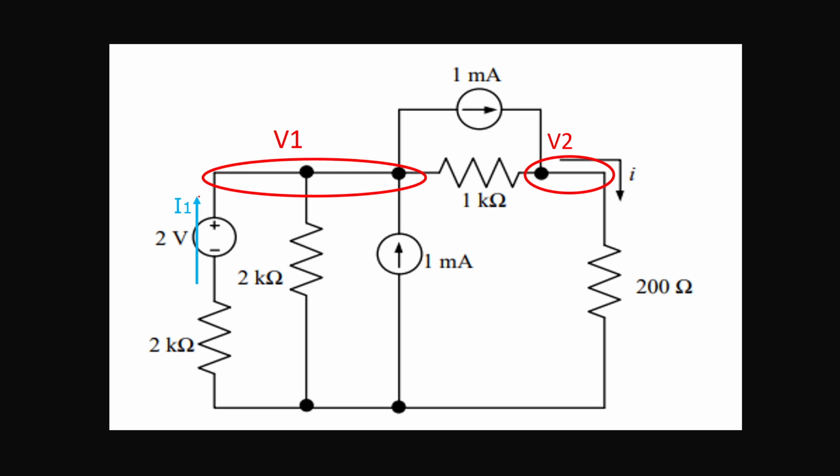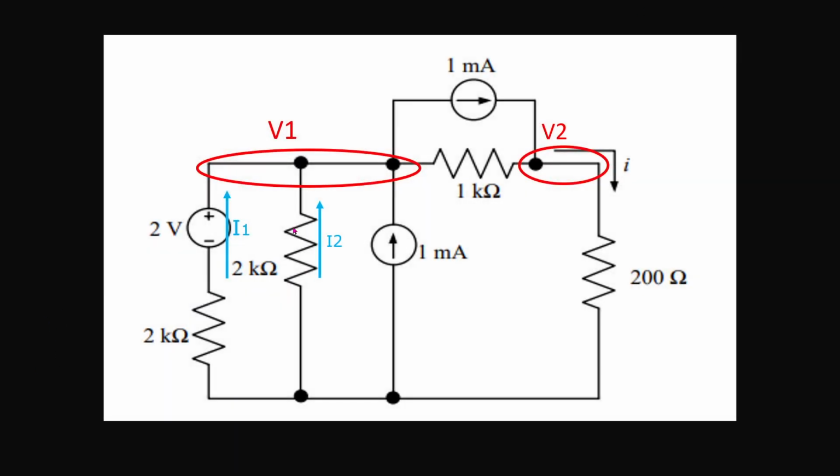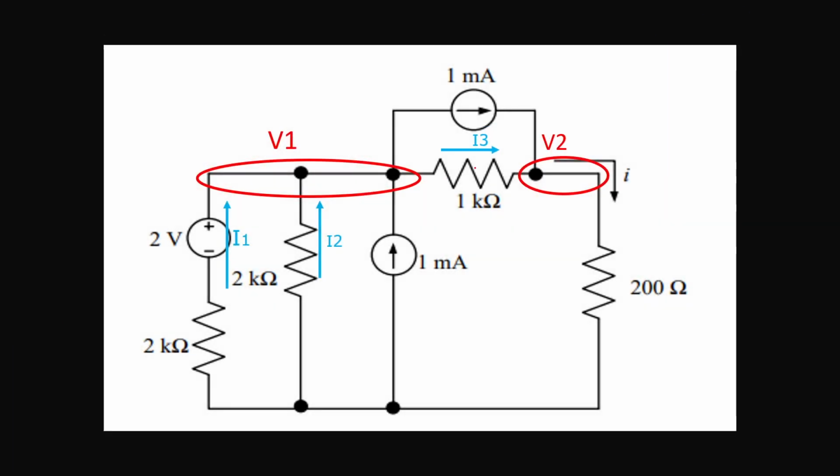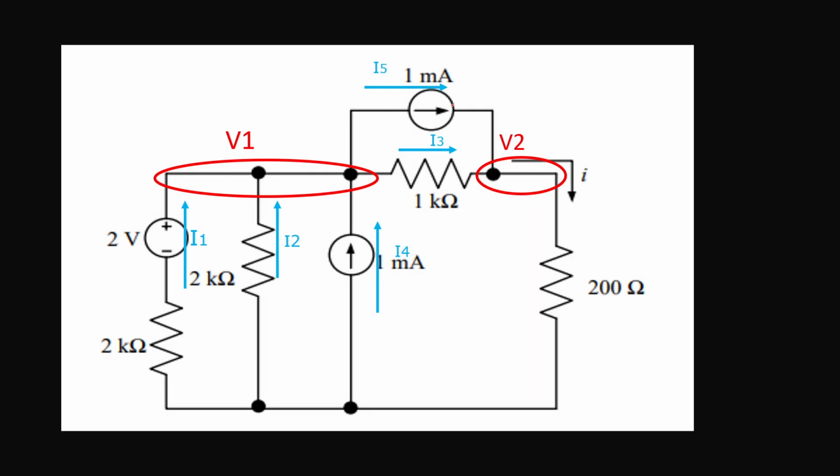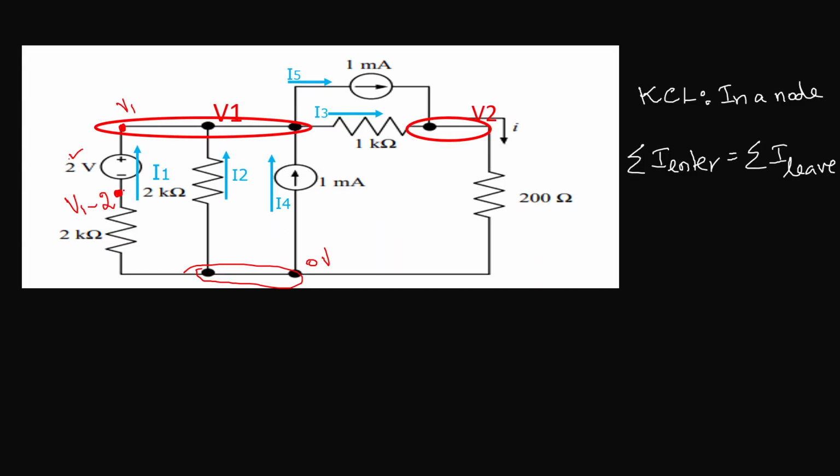Here we mark the current I1 flowing through this path, here I2 current is flowing, here I3 current is flowing, this is I4 current, and this is I5 current. So we marked all the currents. What is the potential at this point?